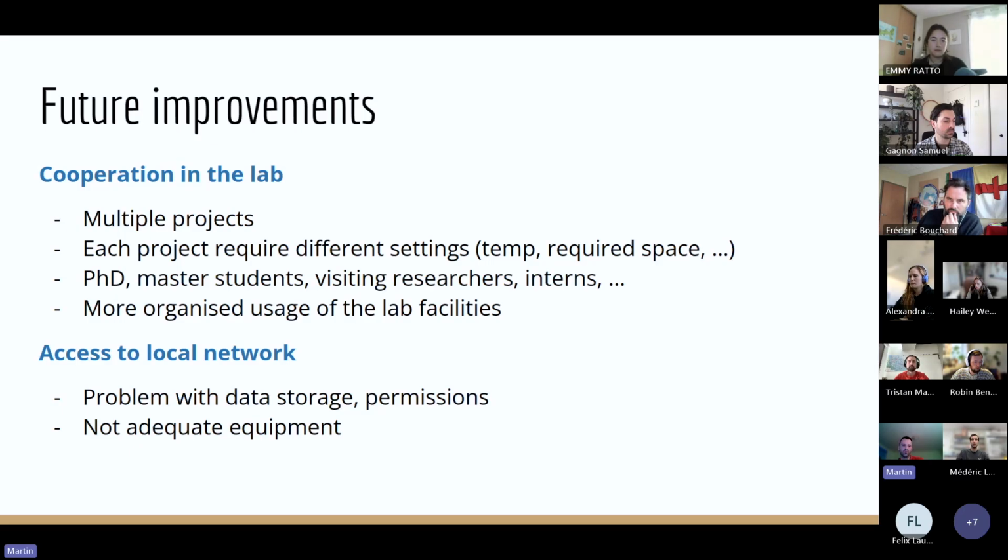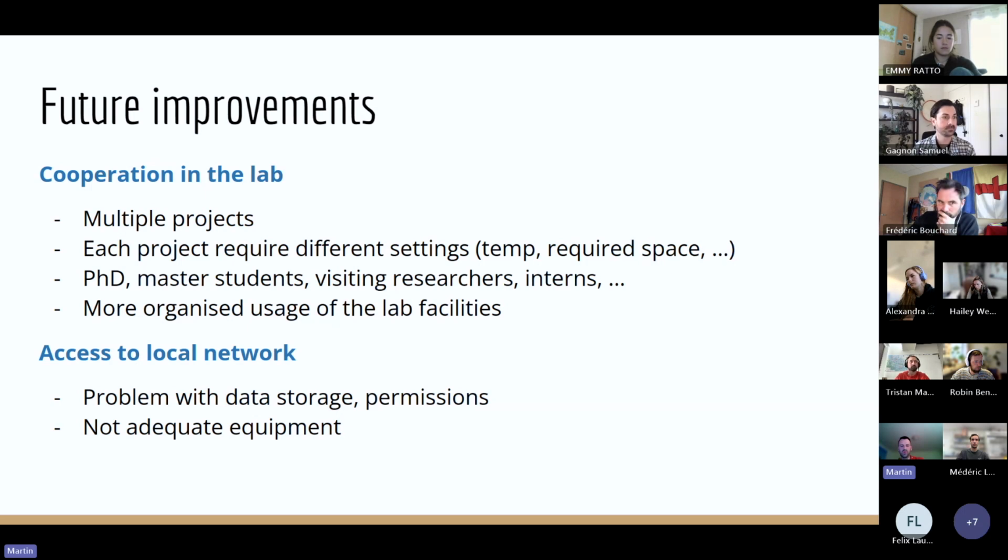And we collected a lot of huge data, so it was problematic to share it between us, and also to share it with future interns. So this was limiting our work. Yeah, we didn't have the permissions. There was the problem with data storage.